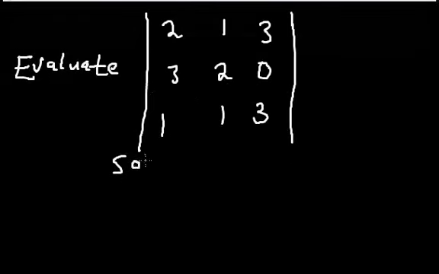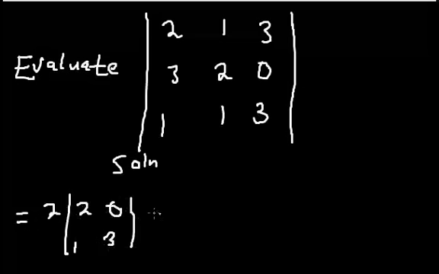So I'll start with the very first element, equal to 2. What's the corresponding matrix? You know how that is. That's going to be 2, 0, 0, 1, 3... Okay, then minus 1.